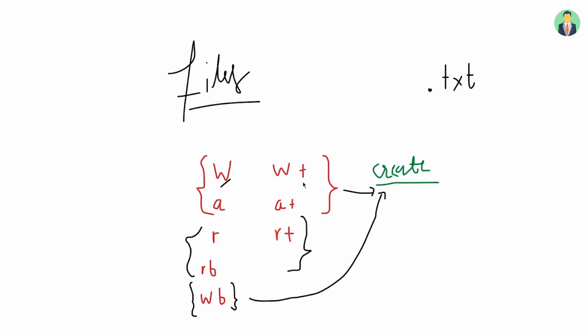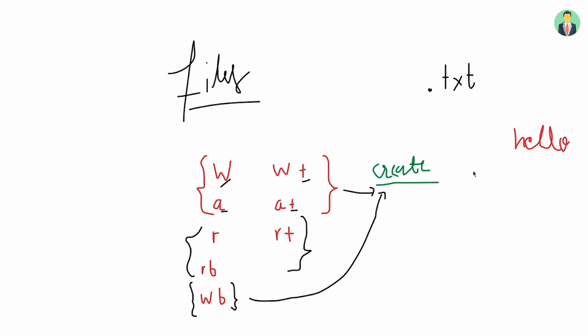So let's understand what these modes are for. W means write, W plus means read and write, A means append, A plus means append and read. So let's understand the difference between append and write. Let's say you have a text file where you have hello written on the first line.